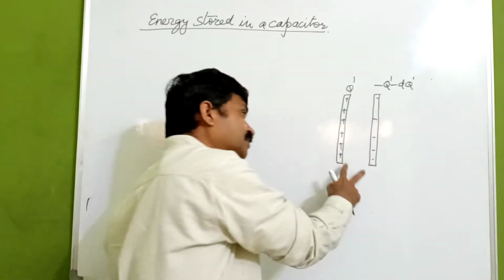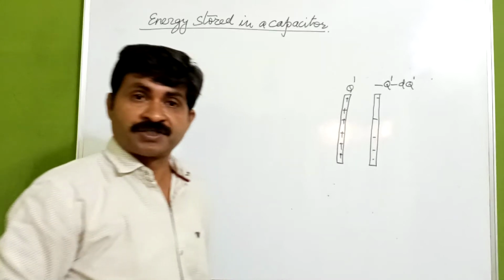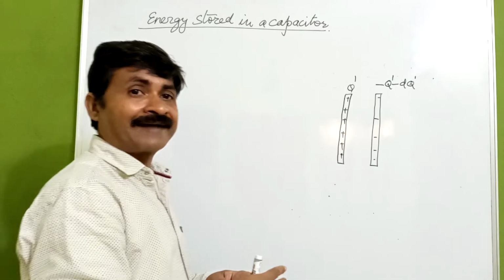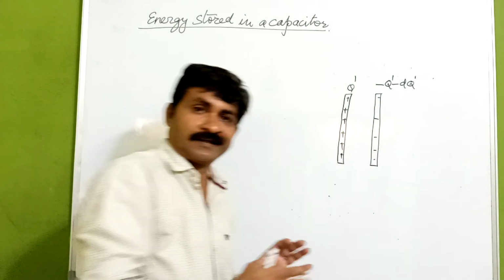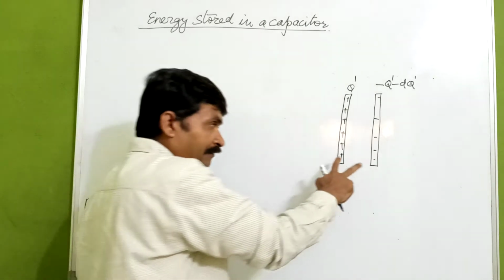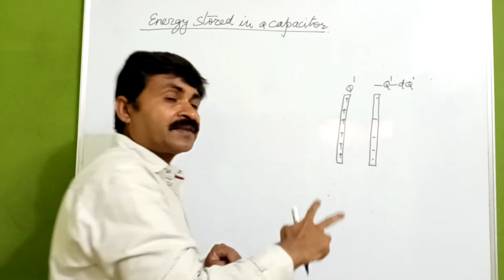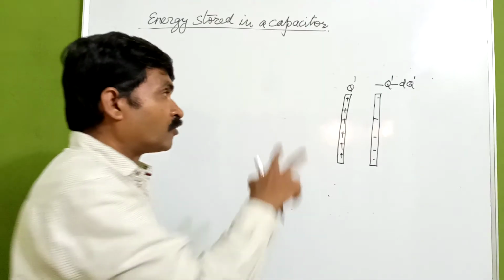We have energy stored in the capacitor when we give charge to it, and the battery, which gives us the electric charge, converts chemical energy into electrical energy. Finally, the charge will be stored, and it is giving us the energy.